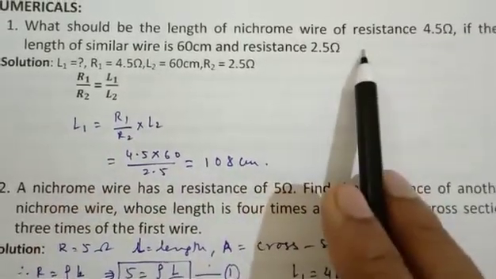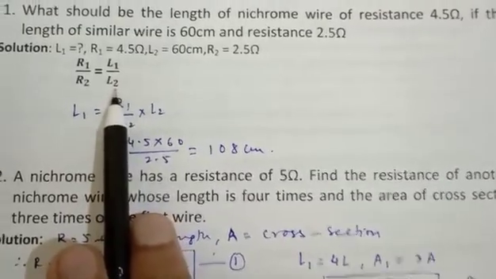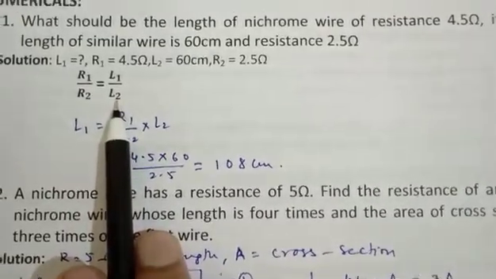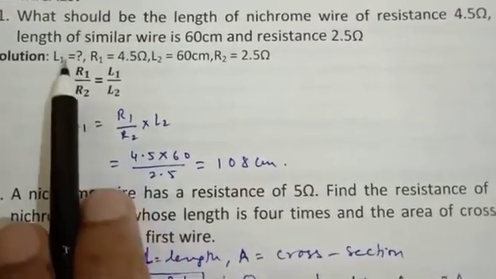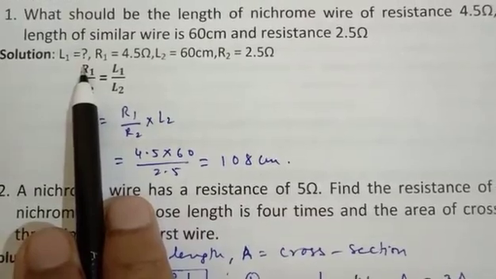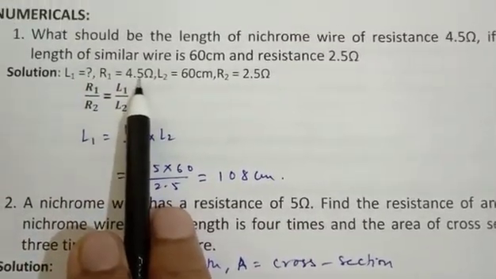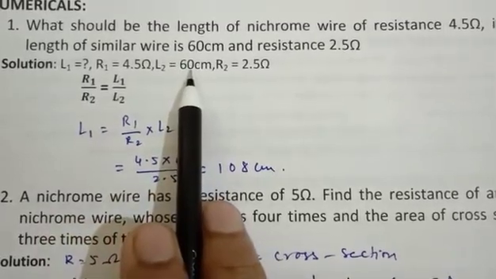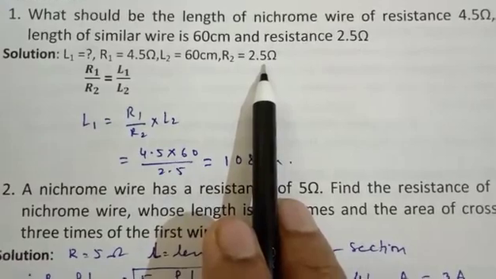Now to solve this kind of questions, we are going to have this formula, which I have given you in my previous class. Now how to proceed? Look at the way we have written the information. We have to find the length L1. R1 is given as 4.5 ohm, L2 60 centimeter, R2 2.5 ohm.